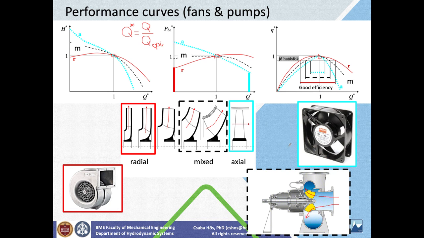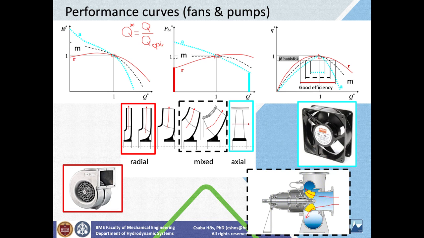And then the color coding is important. So in each figure, the red corresponds to the radial machines, the magenta, not this funny blue color, corresponds to the axial, and that black one is the mixed impeller.